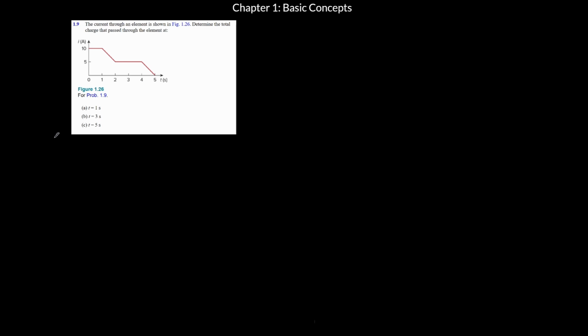So we're just going to look at, for time equals 1 second, we can recognize that we have our amps up here, seconds down here, so we're going to have the integral of our current with respect to time, which is going to equal the charge, right? So here we can see that from 0 to 1, which is what we're going to be asked to integrate here, we're just going to have 10 amps.